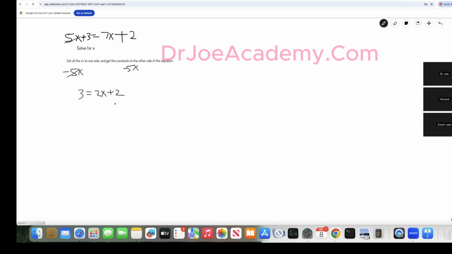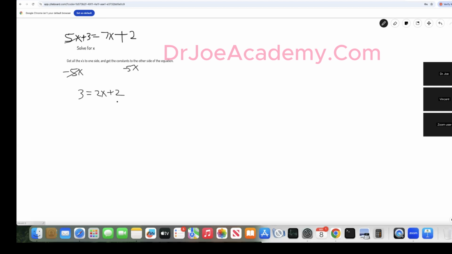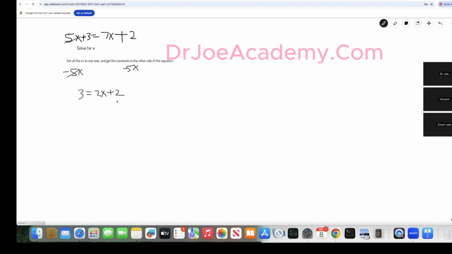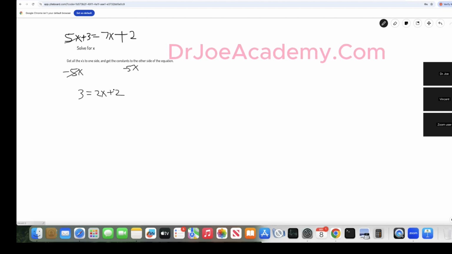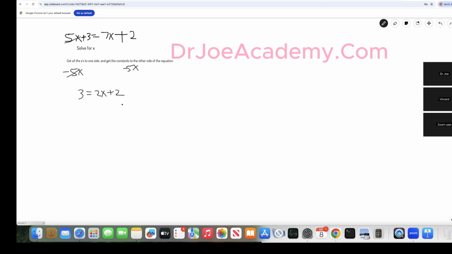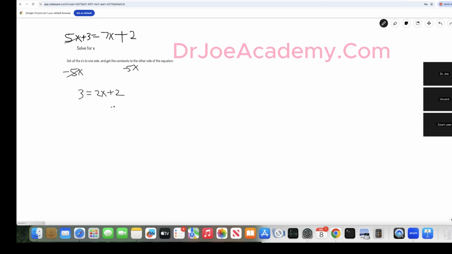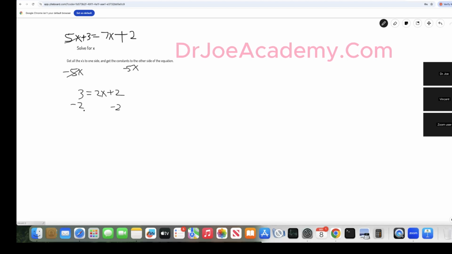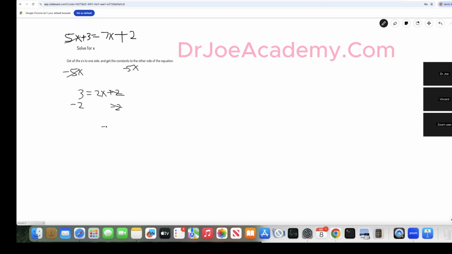So what do we do now? We want to get rid of this plus 2, right? So what's the opposite of adding 2? Subtracting 2, right? So we subtract 2 from both sides. Now this cancels on the right-hand side, so we're just left with 2x.